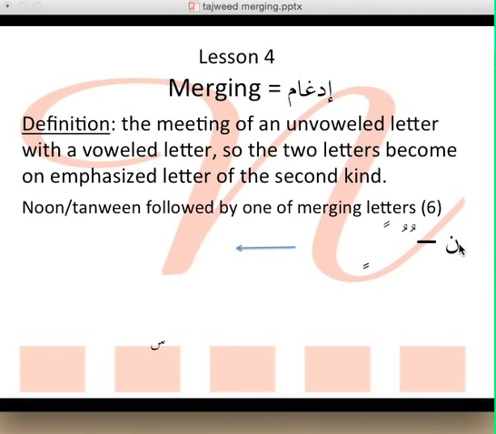Now, once you see this noon in the Quran without anything, it means there is a hukm, as we said before. But this hukm could be idgham, could be ikhfa, could be any other hukm. But in this case, it's other than clear.